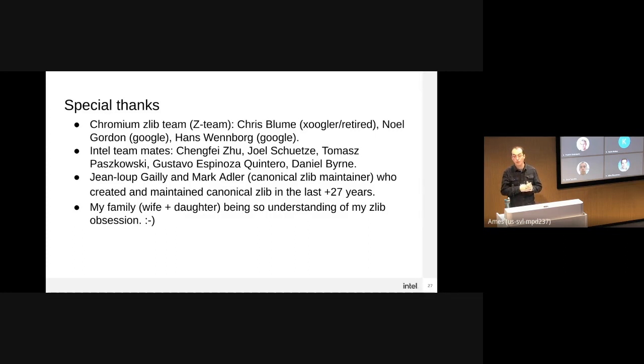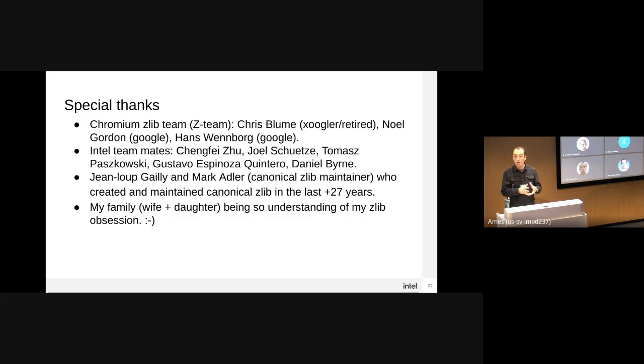we have a situation today where we have quite a few forks of zlib. Our own optimizations, specifically the decompression optimizations, were ported to other forks. As an example, in 2020, some Amazon engineers reached out to me.